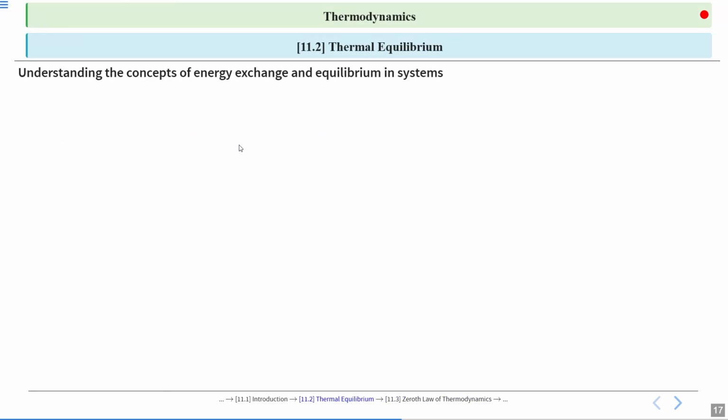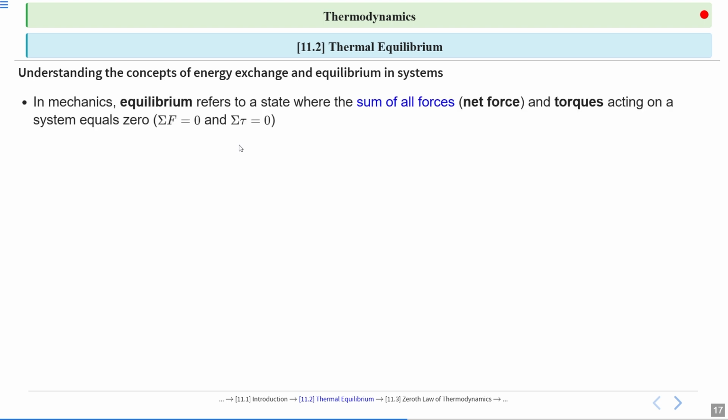Understanding the concepts of energy exchange and equilibrium in systems. There are several processes of energy exchange. In mechanics, equilibrium refers to a state where the net force and the net torque acting on the system are always equal to zero.